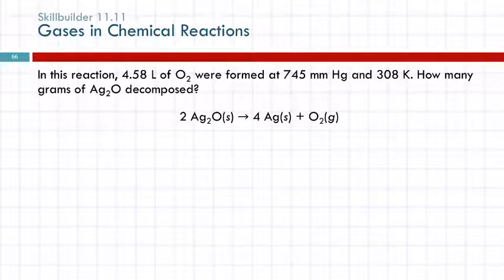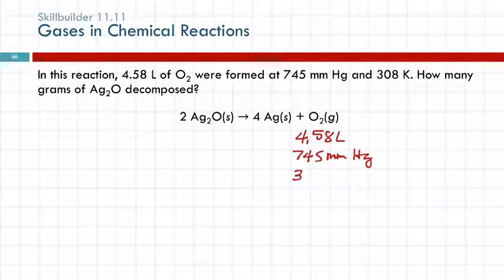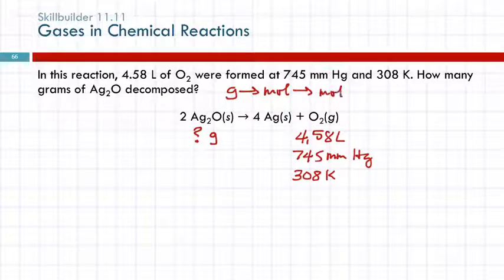So oxygen, what are they telling me about the oxygen? They're telling me I have 4.58 liters of oxygen. They're telling me that the pressure of that oxygen gas is 745 millimeters of mercury, and that it was measured at a temperature of 308 Kelvin. What are they asking me to find? Grams of Ag2O. So normally we do grams to moles to grams.